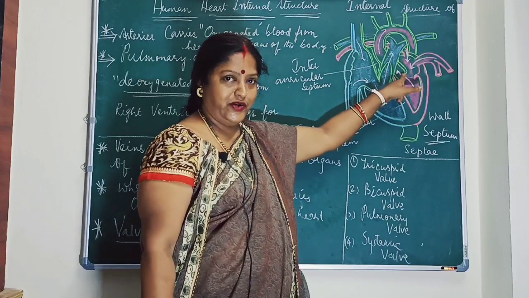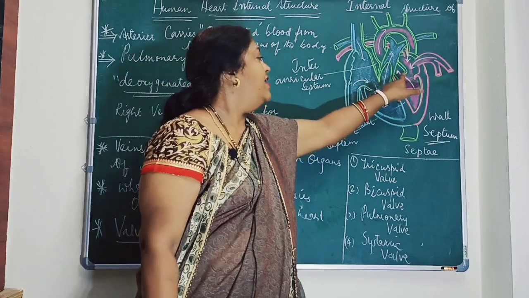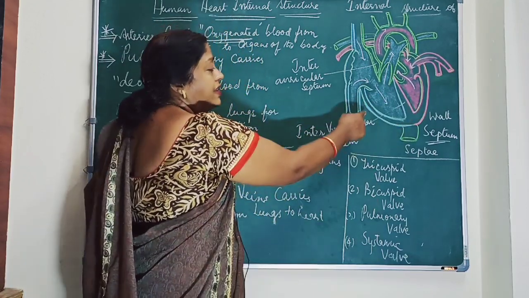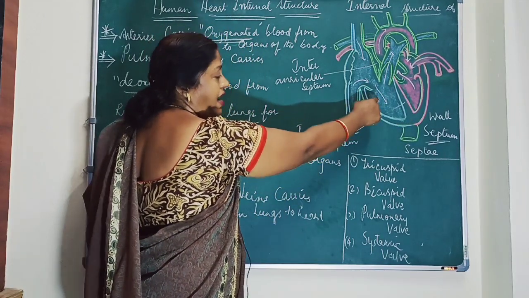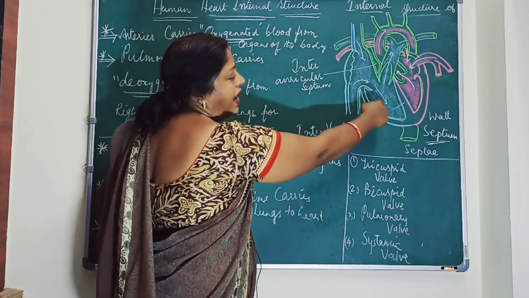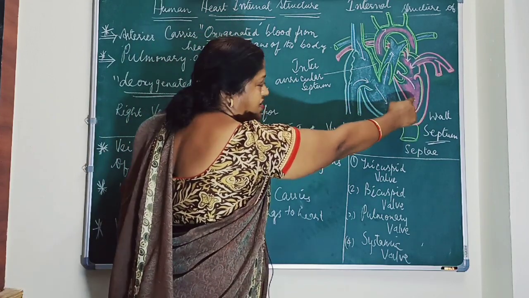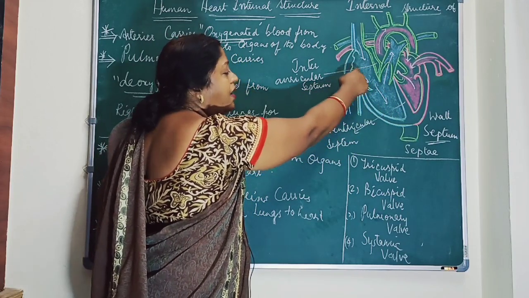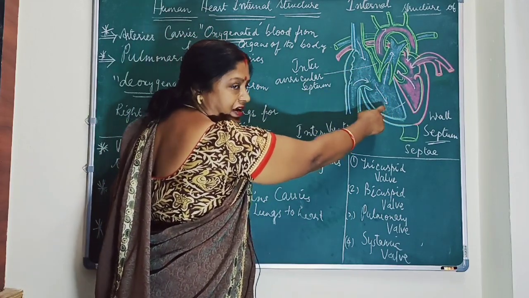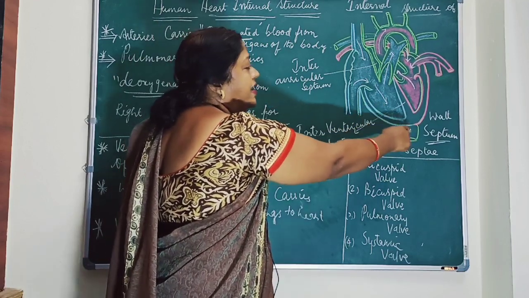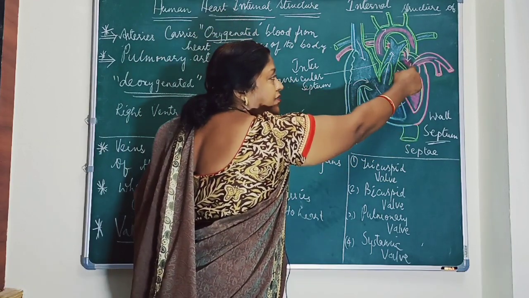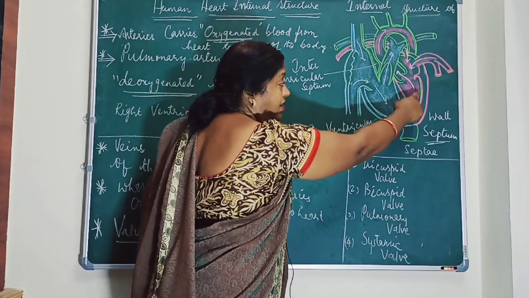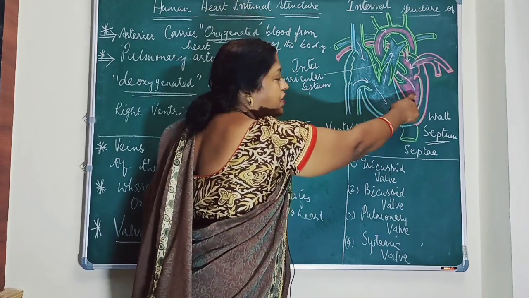The lower 2 chambers are called ventricles. The right ventricle has deoxygenated blood and the left ventricle has oxygenated blood. The deoxygenated blood from the right auricle moves to the right ventricle, and the oxygenated blood from the left auricle flows into the left ventricle.